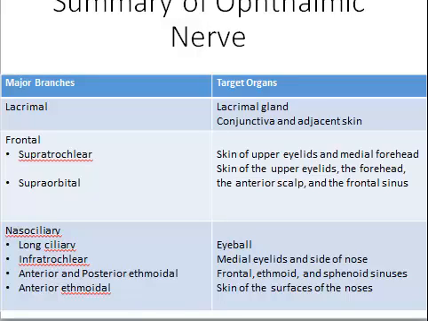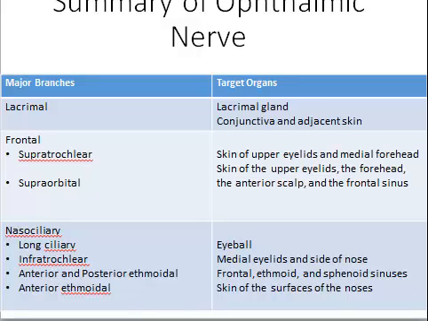So the lacrimal, that's actually the smallest branch. And it does the lacrimal gland, our conjunctiva, and the adjacent skin. So it's our tears. The frontal, which is composed of the supratrochlear and the supraorbital, does the upper eyelids, the middle of the forehead, the skin of the upper eyelids, the forehead again, the anterior scalp, and the frontal sinus.